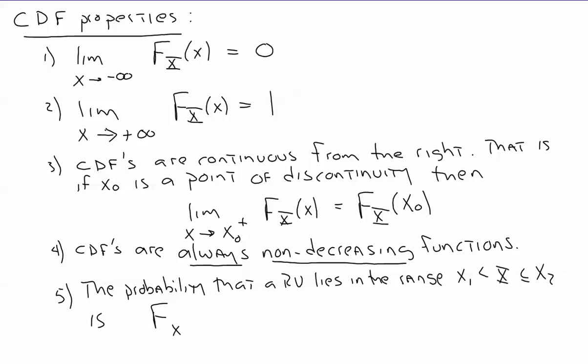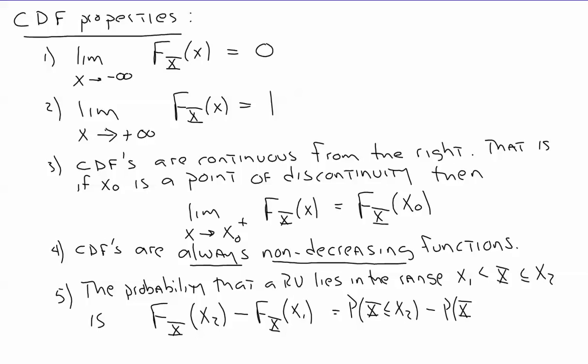I take the cumulative distribution function evaluated at x2 and I subtract the cumulative distribution function evaluated at x1, and of course this equals the probability that x is less than or equal to x2, minus the probability that x is less than or equal to x1. Okay? We'll come back to this fifth property in just a few minutes.